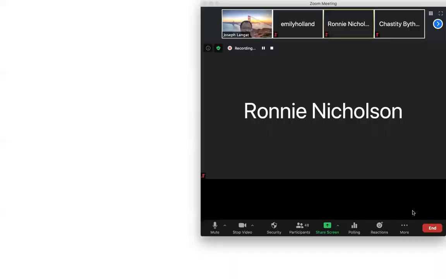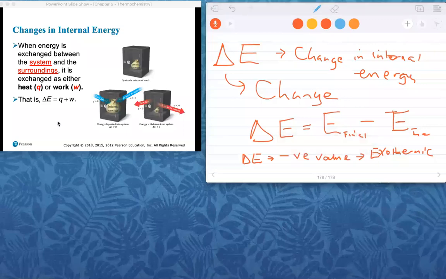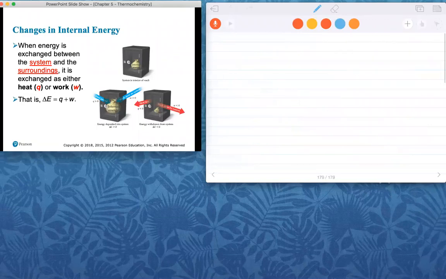I want to share my screen and show you the whiteboard. Positive means endothermic, negative means exothermic, entering the system, leaving the system. You have to know the notation.